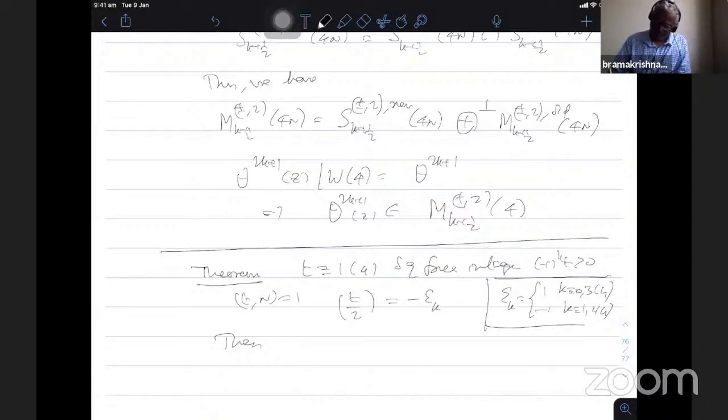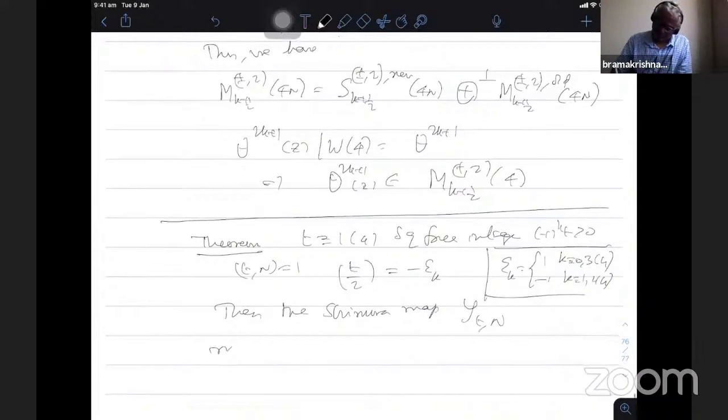Then the Shimura map S_t^N maps M_{k+1/2}^{±}(4N), sorry, I think this should be minus or plus, of 4N. So when I take the plus space, I should take (t/2) equal to -ε_k.